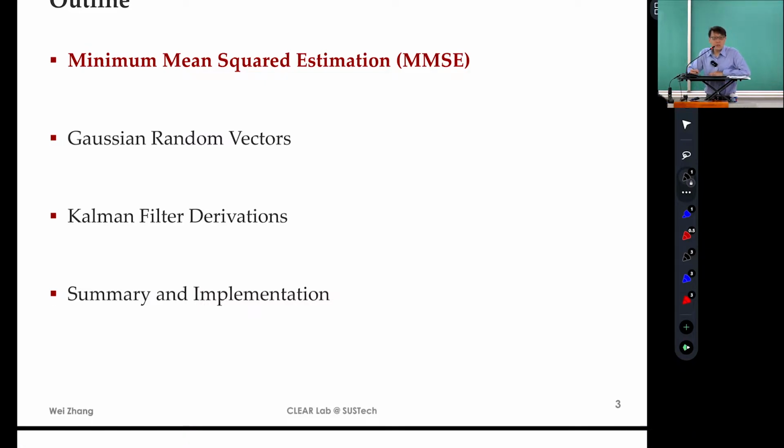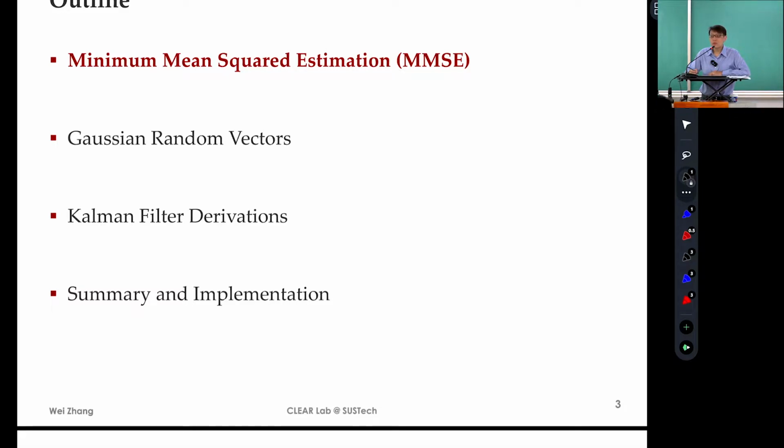To understand this, you have to understand the so-called minimum mean squared estimation, MMSE. Have any of you heard about this or learned this before? Did you take a machine learning class? Did you learn this? Maybe another name, not this name.